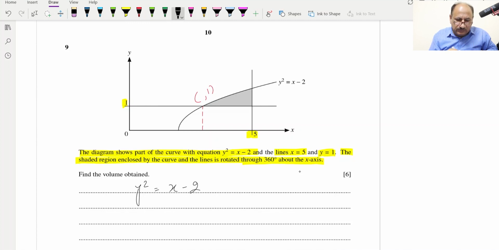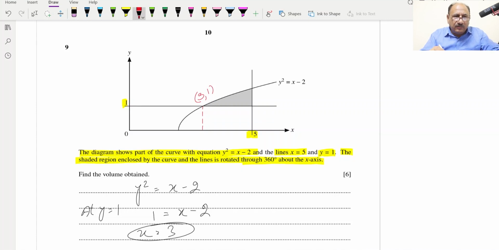So if y is equal to 1, 1 is equal to x minus 2, so x will be equal to 3. We found the x value, which is 3, so we can write it here. So the point will be 3 and 1, and x is equal to 5 over here, and x is equal to 3 over here.